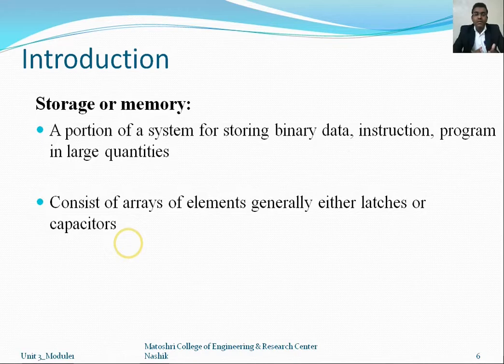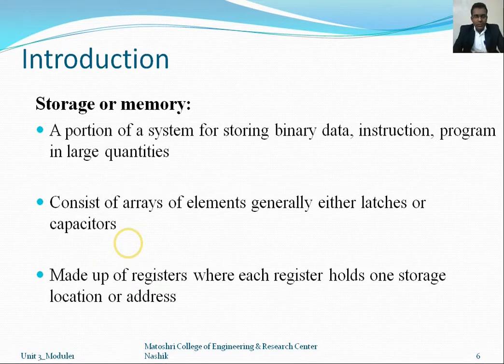Similarly, a capacitor has the capability to store an analog signal in the form of voltage. We can say directly that the capacitor can store the voltage, which is in analog form, and then we can convert it into digital form. So indirectly it's a storage. This is another definition: it's an array of latches or an array of capacitors.